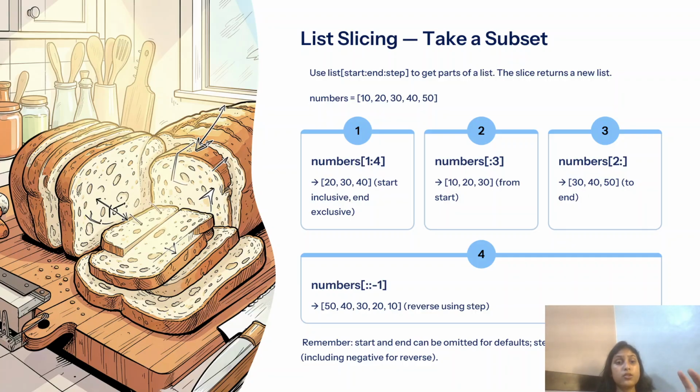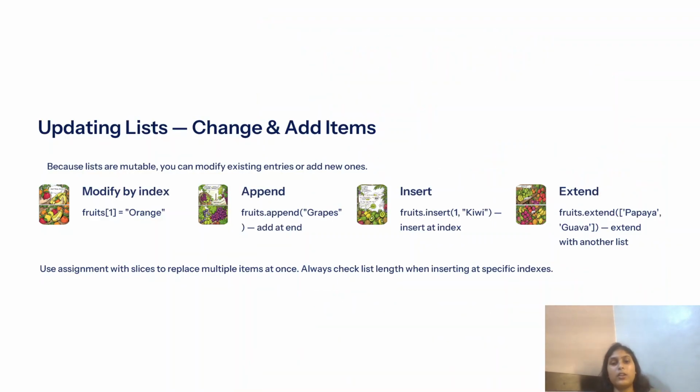If you want to reverse a list, you use this simple short trick: two colons and -1. I know this was a little quick, but it is almost the same concept that we have done in strings.